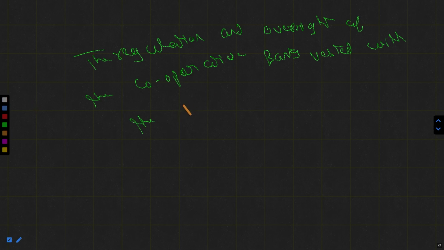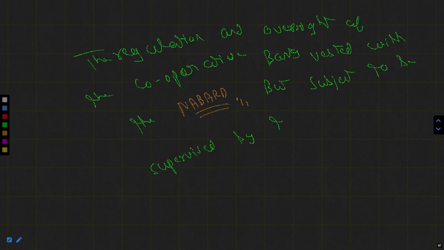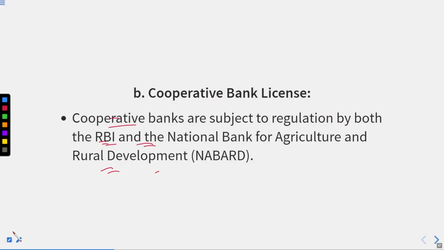Vested with NABARD. But they are subject to being supervised by the Reserve Bank of India or RBI. So remember this thing.